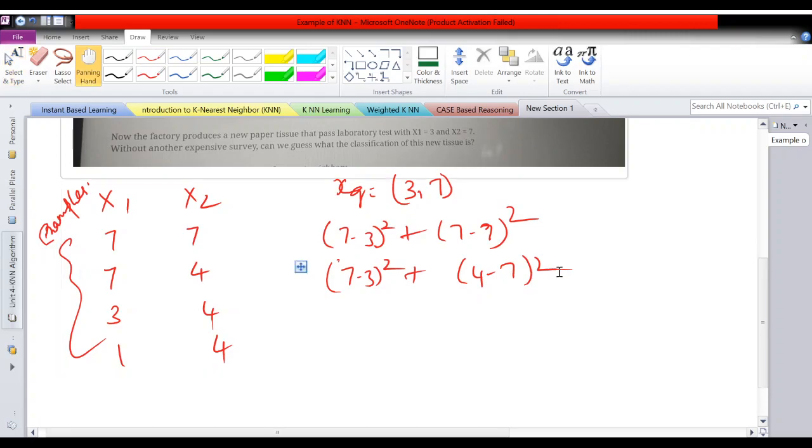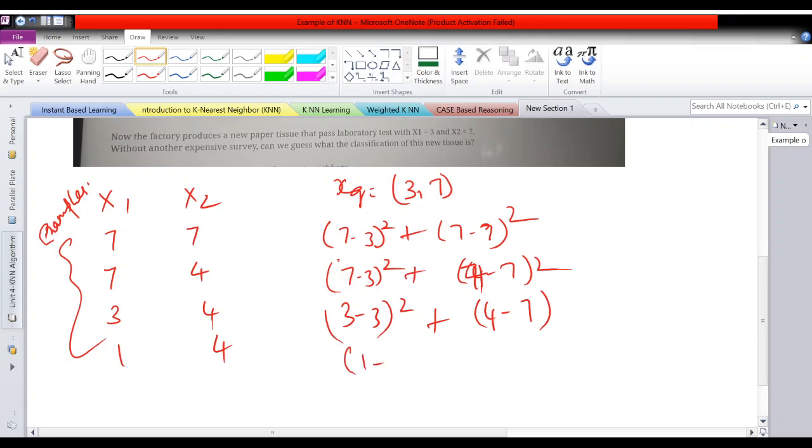It is vice versa. Next 3 minus 3 the whole square plus 4 minus 7 the whole square, and again 1 minus 3 the whole square plus 4 minus 7 the whole square.